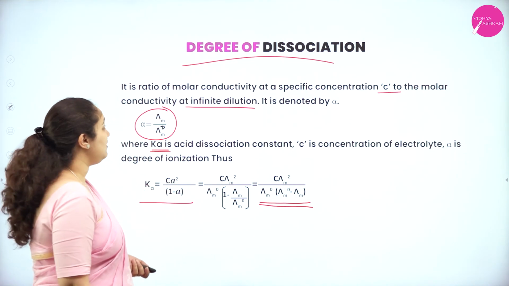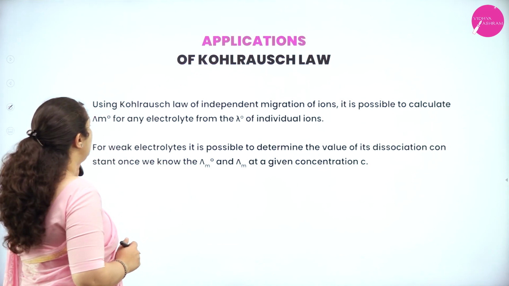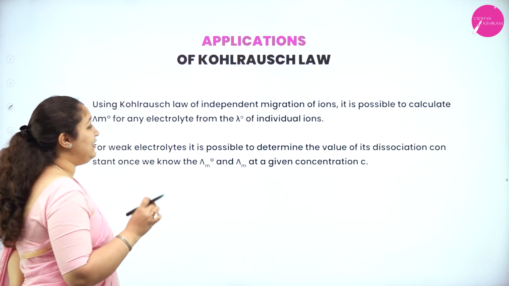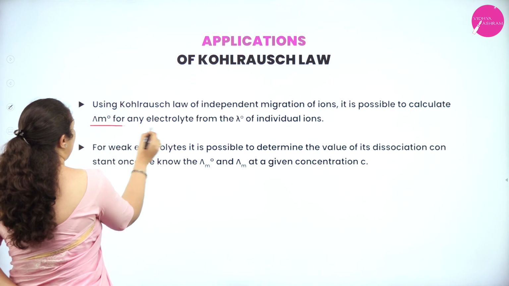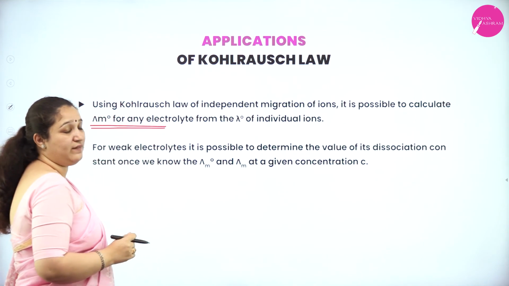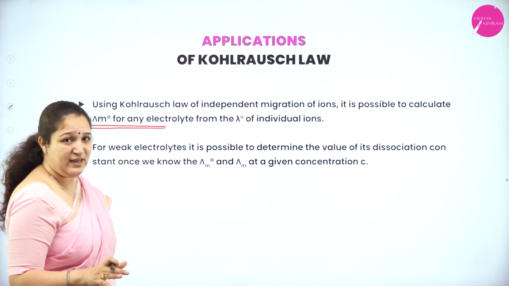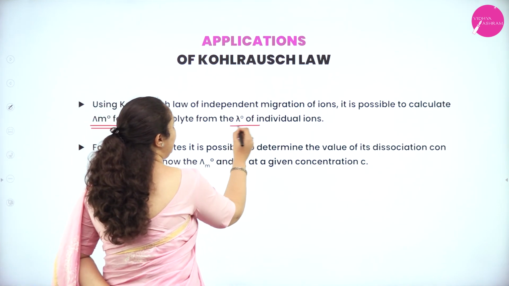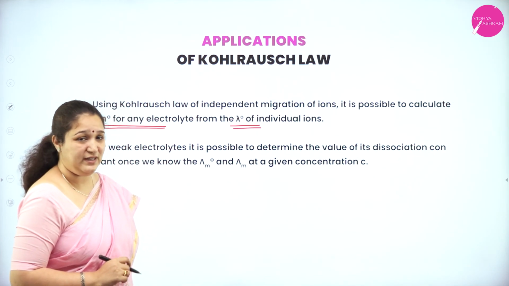Okay. Next is applications of Kohlrausch law. Using Kohlrausch law of independent migration of ions, it is possible to calculate the limiting molar conductivity of any electrolyte, strong or weak, by using the limiting molar conductivities of individual ions. Correct?